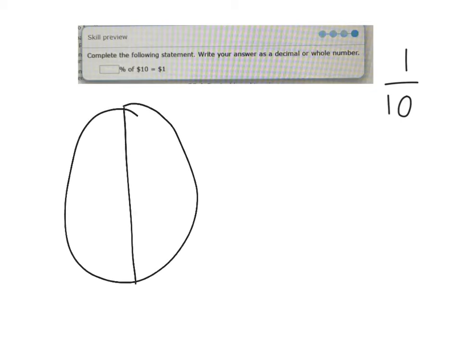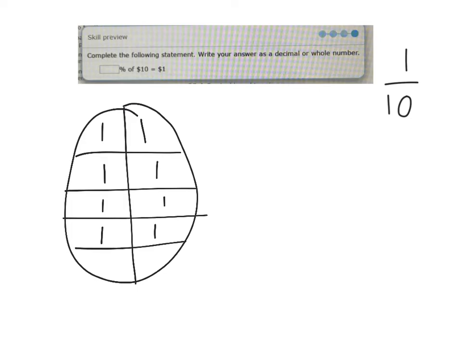So a couple ways. First way, I recognize in terms of parts, if 10 is my whole, and I'm looking at ones, I'm splitting it up into 10 pieces. That's 10, right? 1, 2, 3, 4, 5, 6, 7, 8, 9, 10. So 10's my whole.